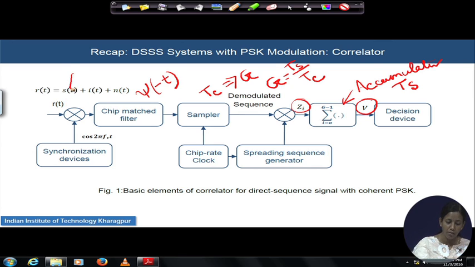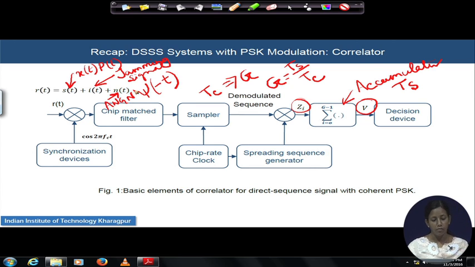This is the spread signal which is transmitted. s(t) is the combination of x(t) into p(t), where p(t) was our spreading waveform and x(t) was the modulated signal, and i(t) is the jamming signal or interfering signal that is getting added with the transmitted signal on air. n(t) signifies the additive white Gaussian noise, coming from the thermal noise component of the transmitter receiver front end circuitry.